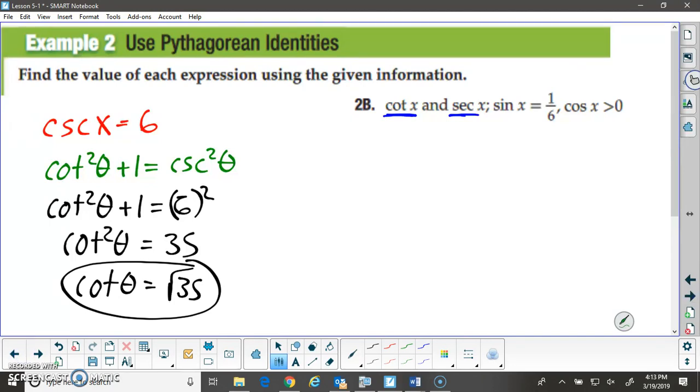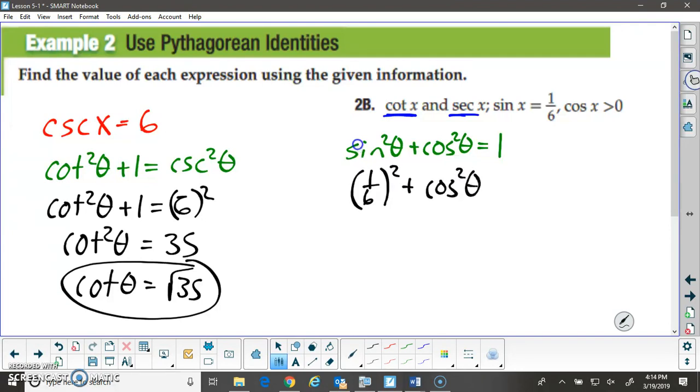And then to find my secant value, I'm going to use this. Sine squared plus cosine squared equals 1. And so I'm going to substitute in the sine value to find the cosine value. That's going to give us, see here, 35 over 36.